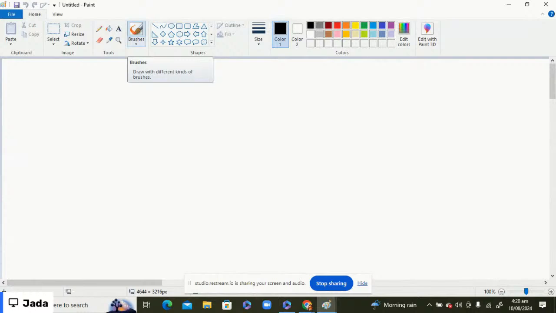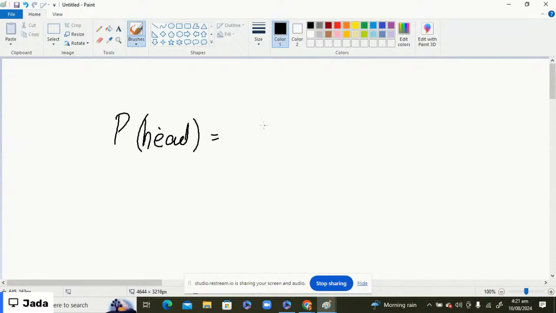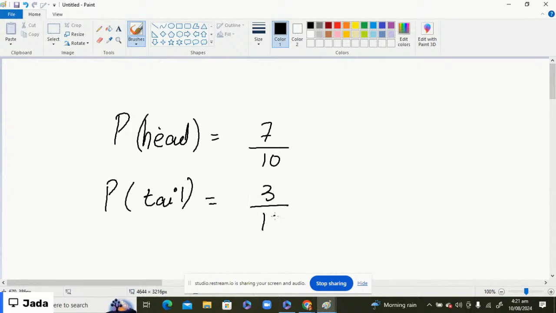You write down P of head, probability of head, 7 out of 10, and probability of tail, that is 3 over 10. So this is the probability: the number of times the event occurs divided by the total number of trials. Okay.